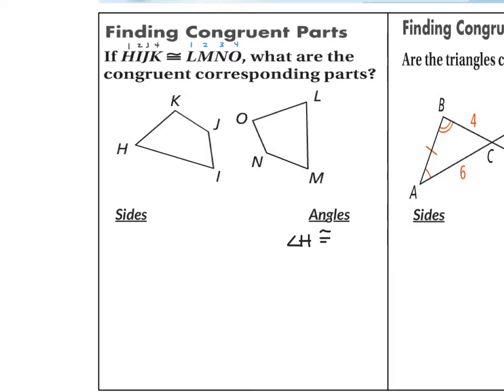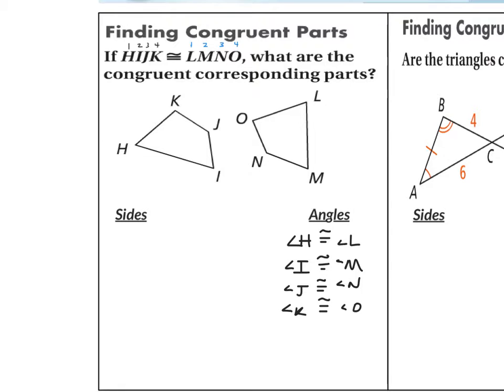So I need the other angle that's in position 1, which is angle L. Then I'm going to use the angle that's in position 2. Angle I is going to be congruent to angle M. Angle J is going to be congruent to angle N. And angle K is going to be congruent to angle O. Okay, so again, you can see that the angles are always the easiest ones.